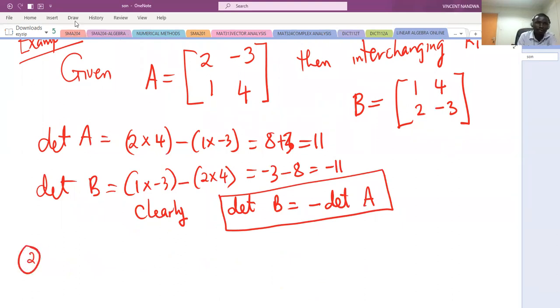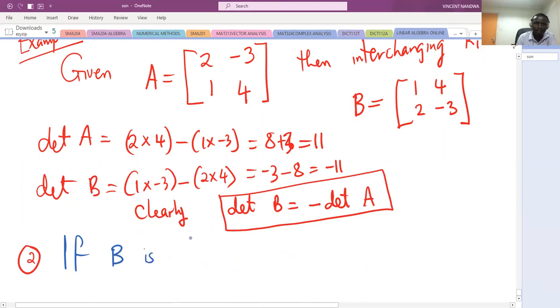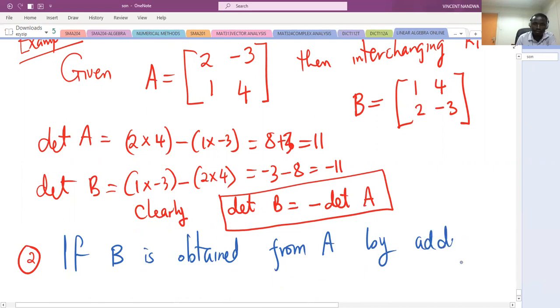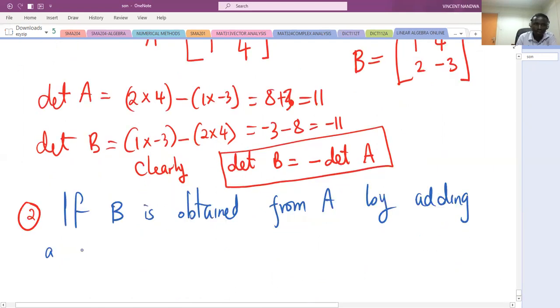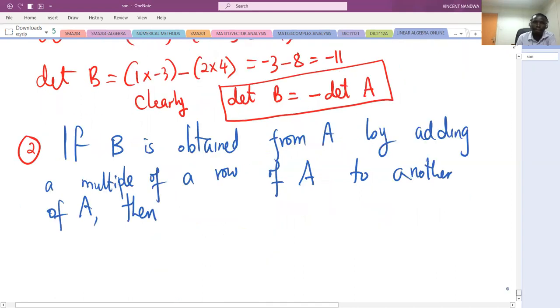Property 2: if B is obtained from A by adding a multiple of a row of A to another row of A, then this is how the determinants are related.